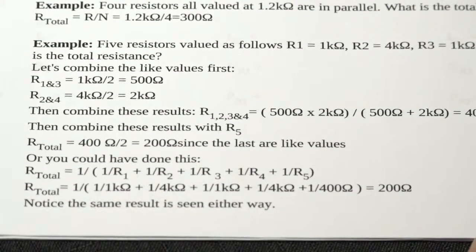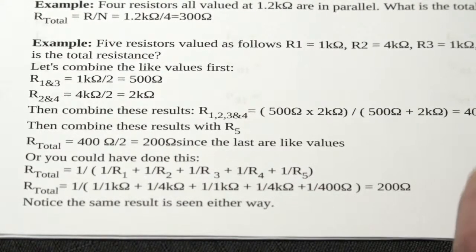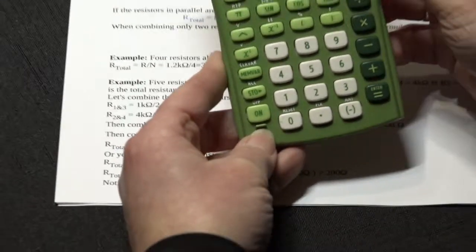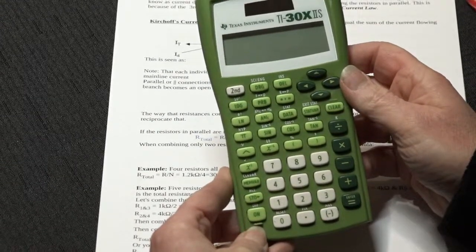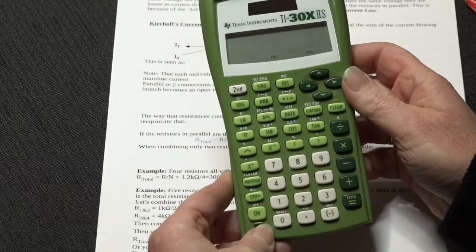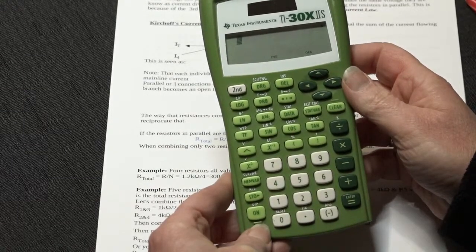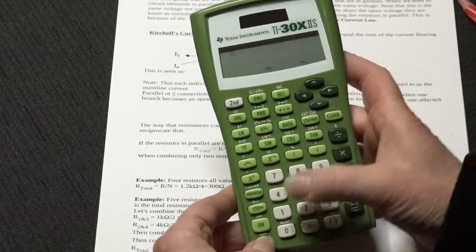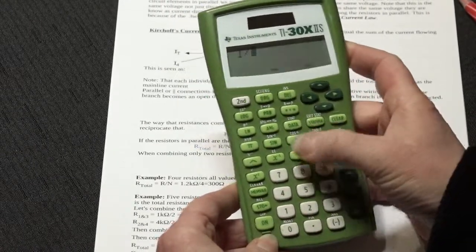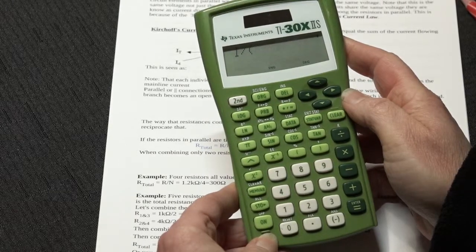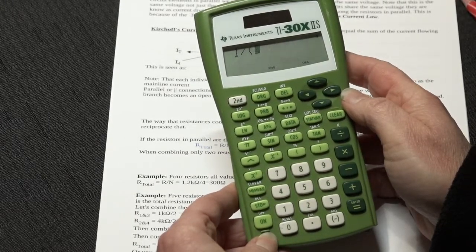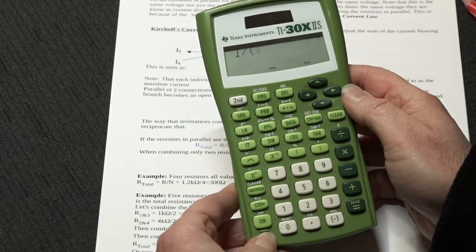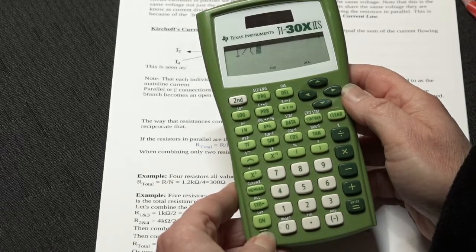Or I could just simply do it like this, and I'm going to bring my calculator over to show you how to put this one in. The most critical thing when entering this information into your calculator is that you mustn't forget to put in 1 divided by and a parenthesis here, as well as you must refer to each resistor in its appropriate metric prefix.